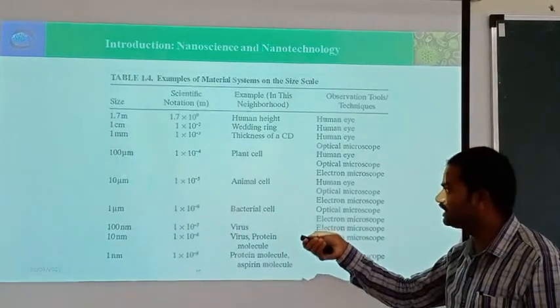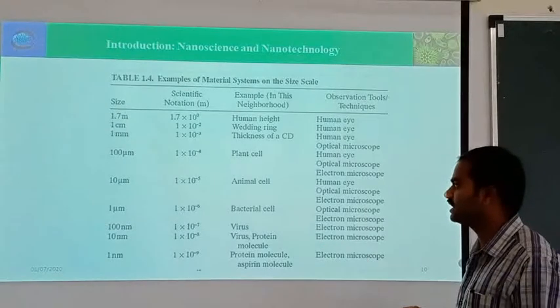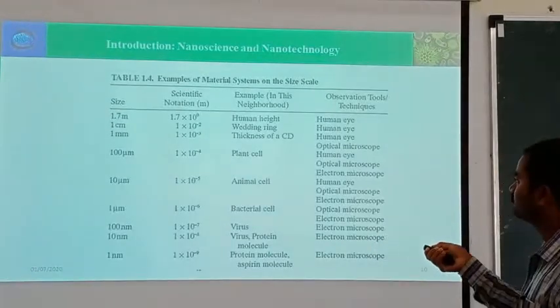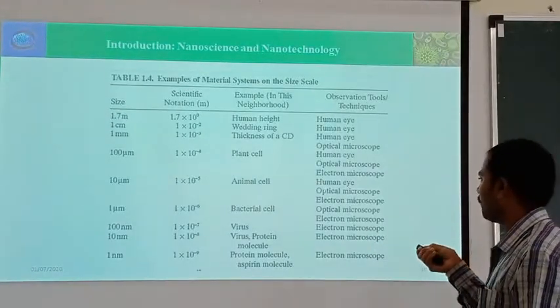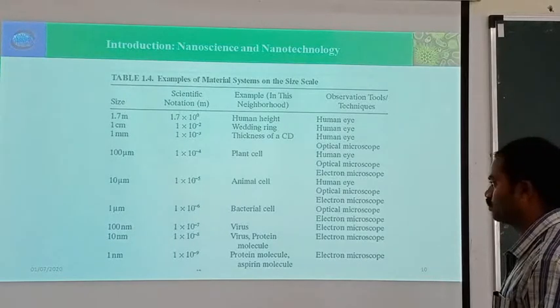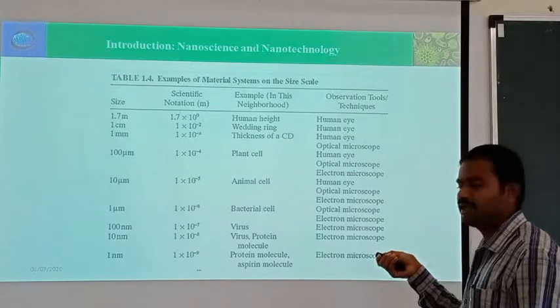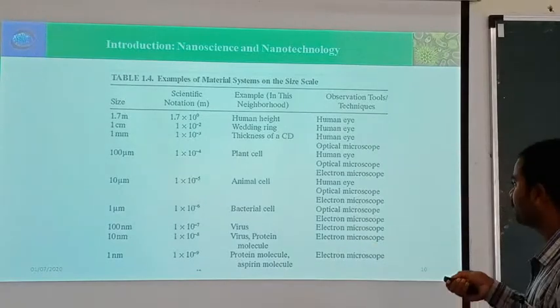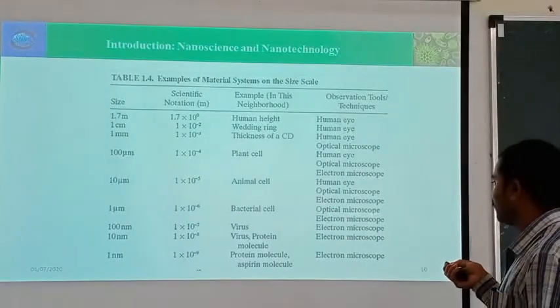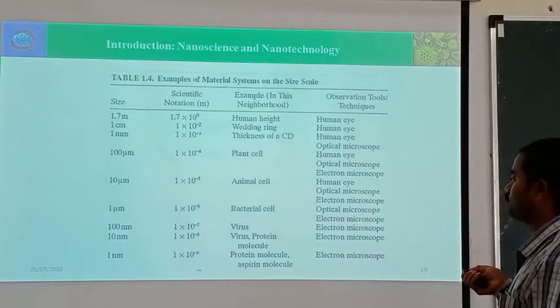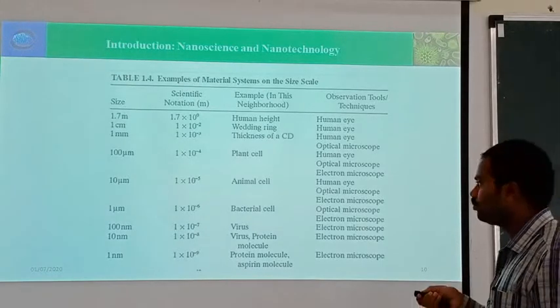Below 100 micrometers, at 10 micrometer, consider animal cells, you can see them in an optical microscope as well as an electron microscope. Now below that, 1 micrometer, some bacterial cells have a size less than 1 micrometer, so you have to use an optical microscope or electron microscope. You cannot see them directly by using the human eye.